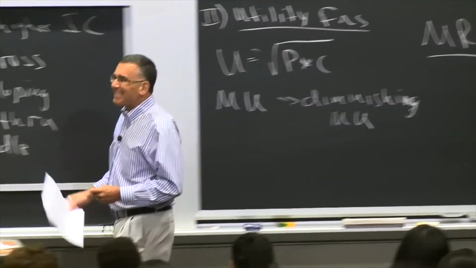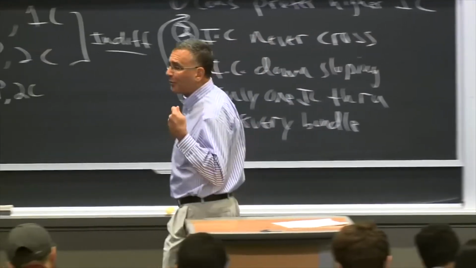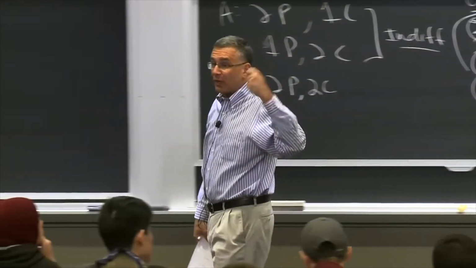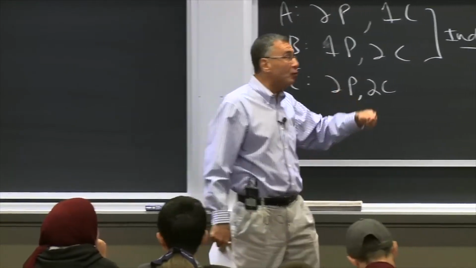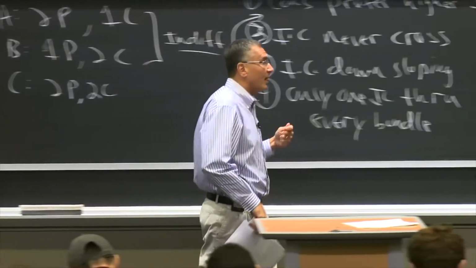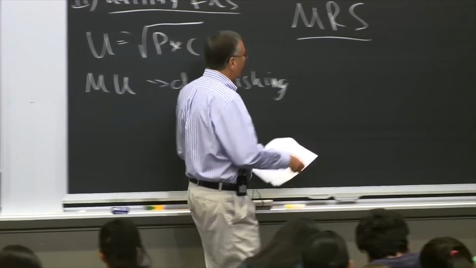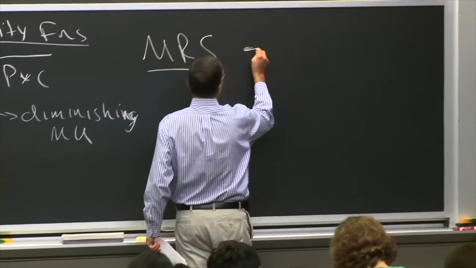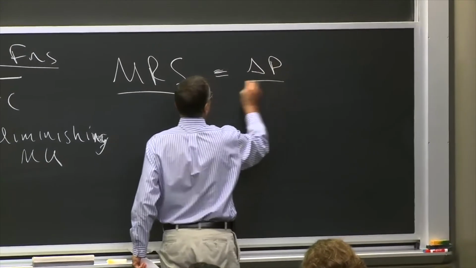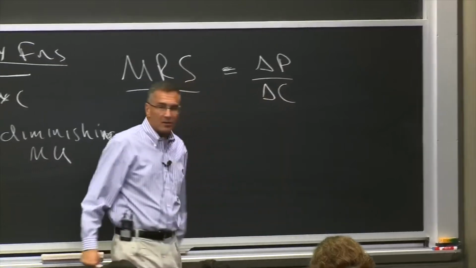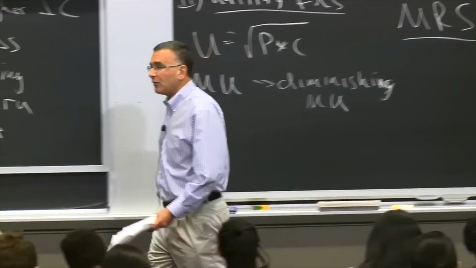The rate essentially at which you're willing to substitute one good for the other. The rate at which you're willing to substitute cookies for pizza is your marginal rate of substitution. We'll define that as the slope of the indifference curve, delta P over delta C. That is your marginal rate of substitution.